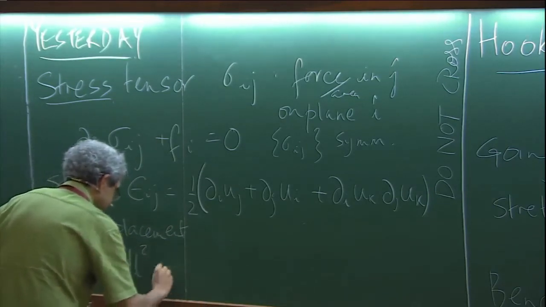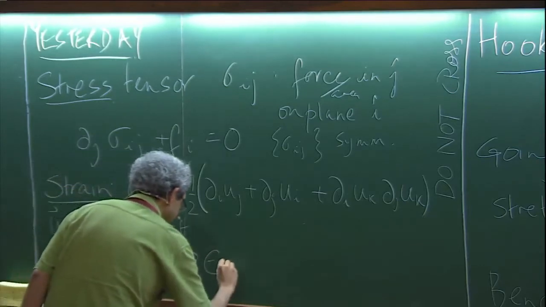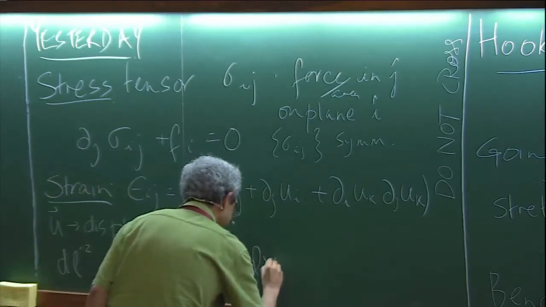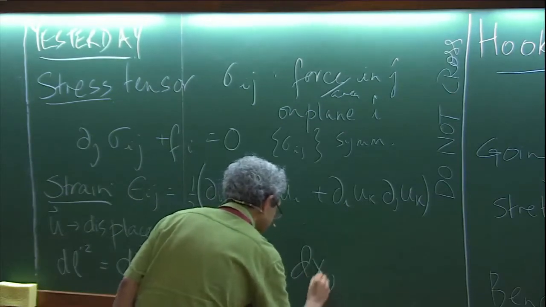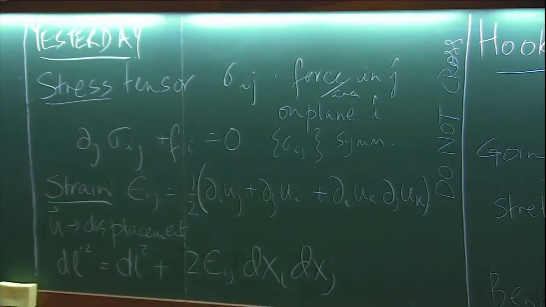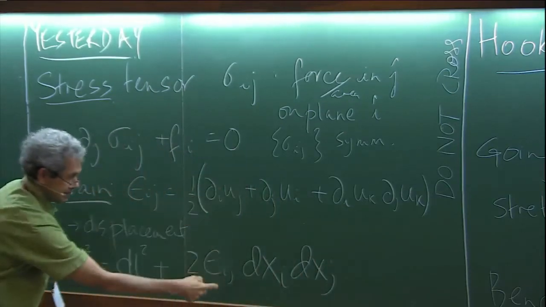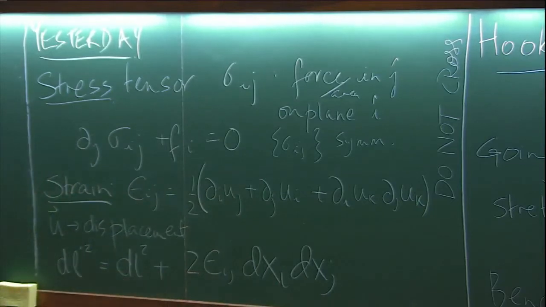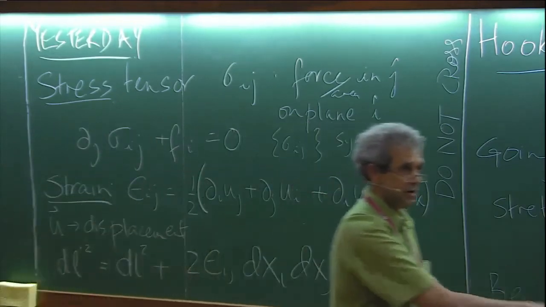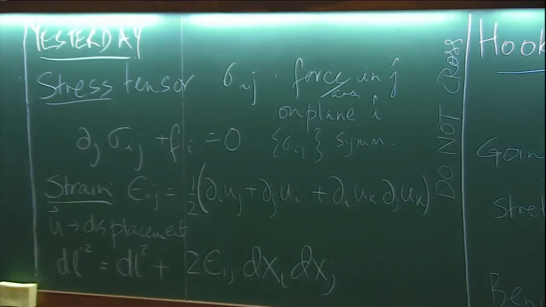And we showed that, where this is that object, told how material points separated from each other under a displacement field u. So if everything moved by u, this takes out all rigid body motions and leaves you with what's left.